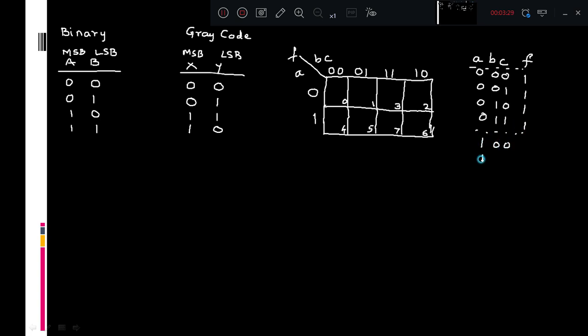Next 1 0 0, 1 0 1, 1 1 0, 1 1 1. So here we'll get 4 outputs. For this function, each row of input combination is converted into decimal. 0 0 0 corresponds to the 0th cell. So 8 different combinations are possible. So in the K-map we have 8 cells starting from 0 to 7, and here we are making use of gray coding.